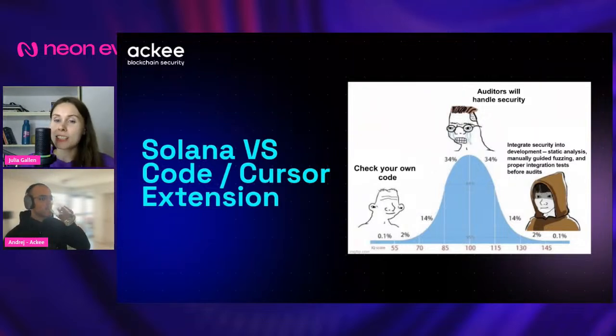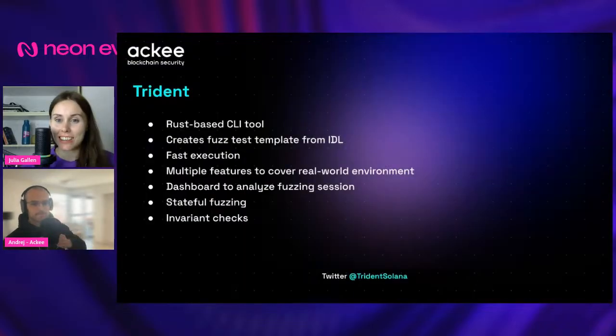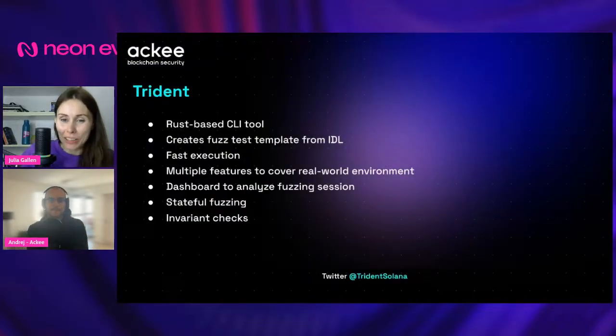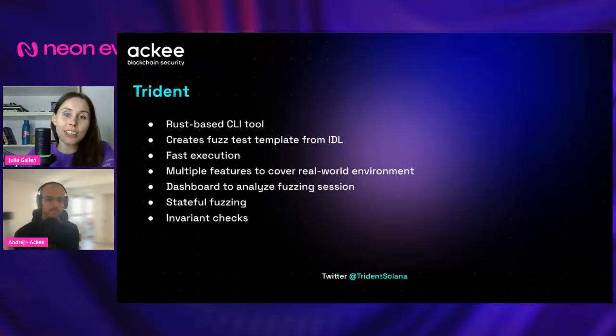Well, I was curious about invariant fuzzing, the last point that you introduced, invariant checks, because it seems that would be one of the main things to check when you're moving from EVM logic to Solana logic, which Neon basically does.